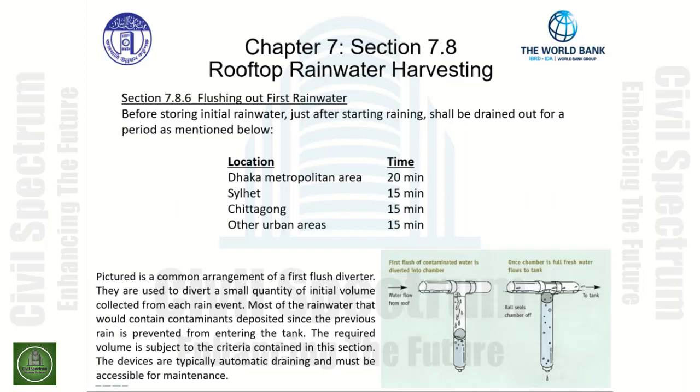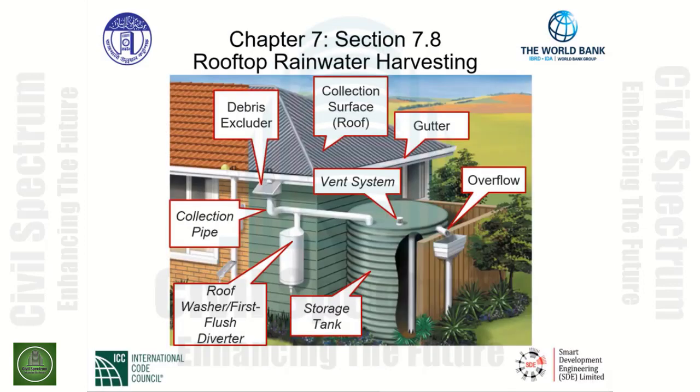As the water comes up the riser, the ball seals the chamber off after a predetermined amount of volume of rain has discharged. The ball seals on the top, so clean rainwater flowing from the surface enters the tank across the pipe accordingly. An example of a rainwater collection system is given in the graphic on this slide.